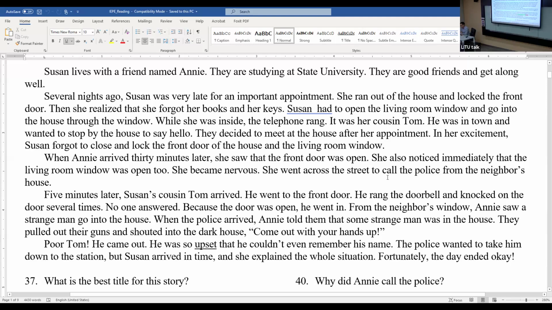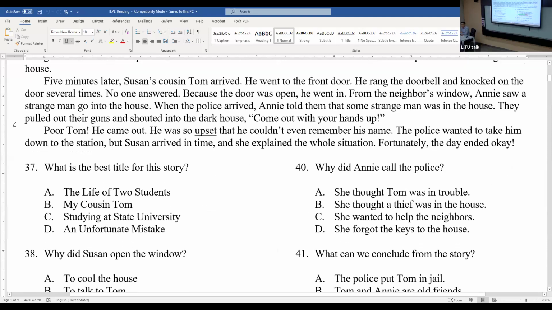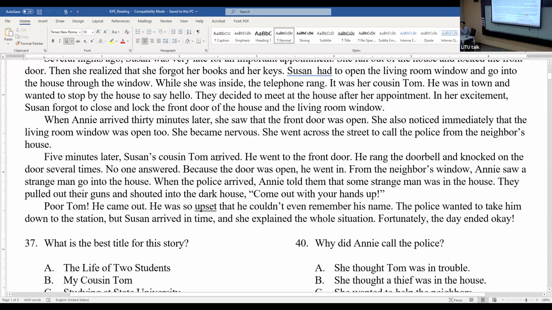She went across the street to call the police from the neighbor's house. 5 minutes later, Susan's cousin Tom arrived. He went to the front door. He rang the doorbell and knocked on the door several times. No one answered because the door was open. He went in.